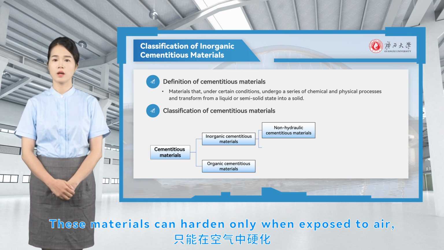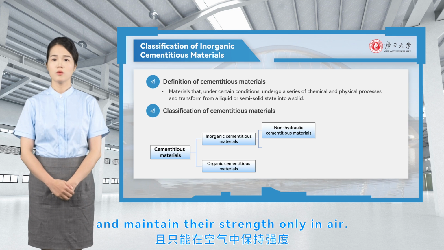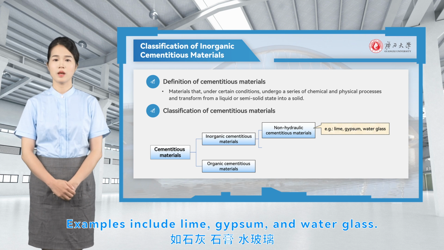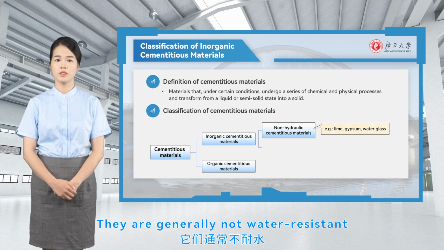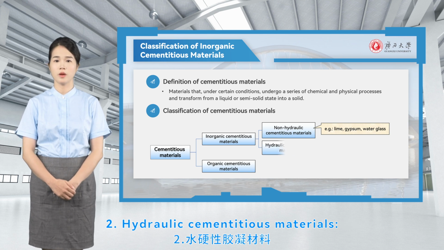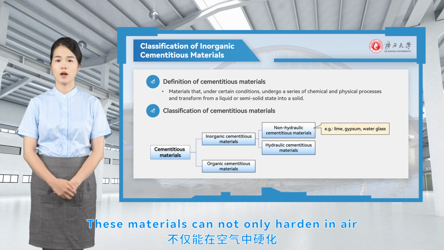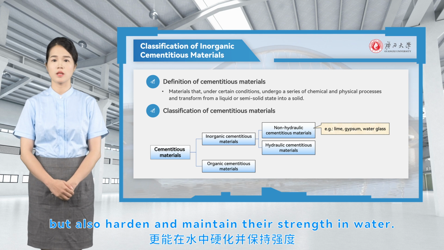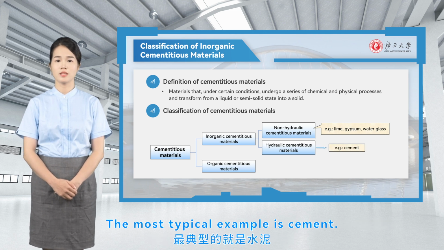These materials can harden only when exposed to air and maintain their strength only in air. Examples include lime, gypsum, and water glass. They are generally not water resistant and are suitable only for dry environments. Two, hydraulic cementitious materials. These materials can not only harden in air, but also harden and maintain their strength in water. The most typical example is cement.